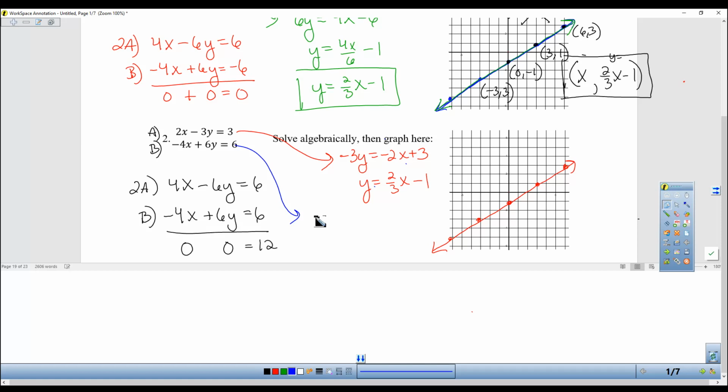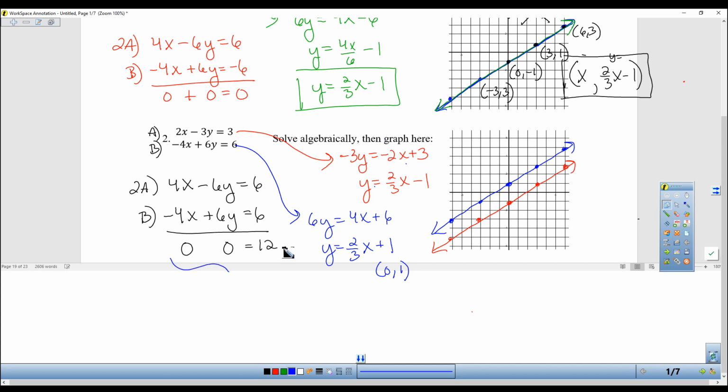Blue line. 6y is equal to 4x plus 6. y is equal to 2/3 x plus 1. So this one, when x is 0, y is 1, its y-intercept is 0, 1. And it goes up 2 over 3, up 2 over 3. So these lines are parallel.